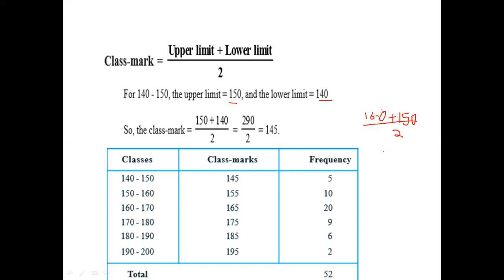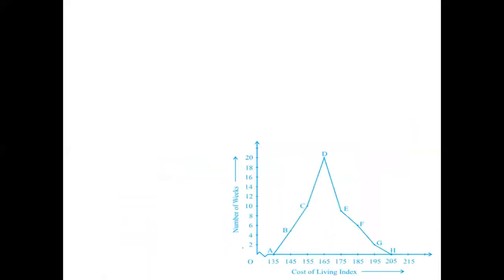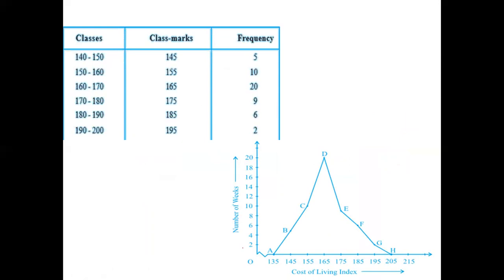This will give me 310, and 310 upon 2 will be 155. This way, if you proceed for the next class intervals also, you will get the class marks: 145, 155, 165, 175, 185, and 195. Now what you all need to do is use this and construct the frequency polygon.